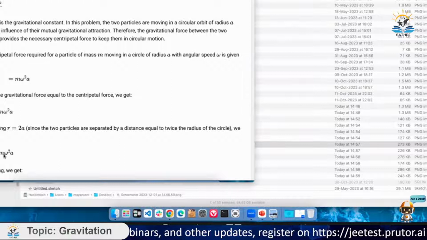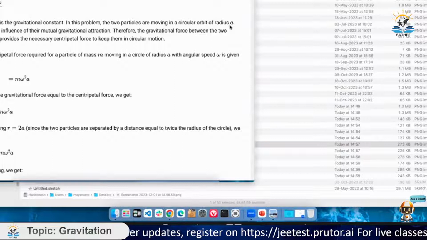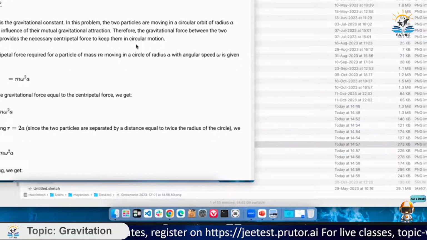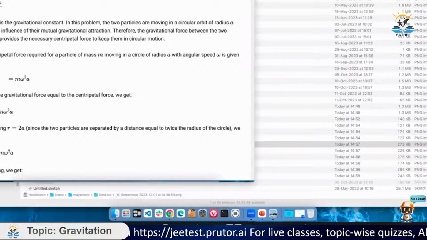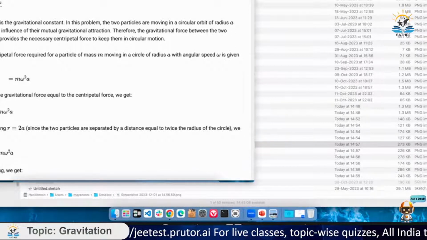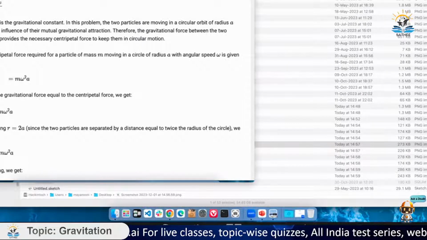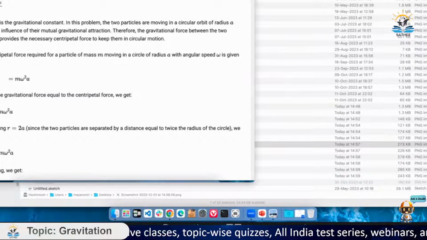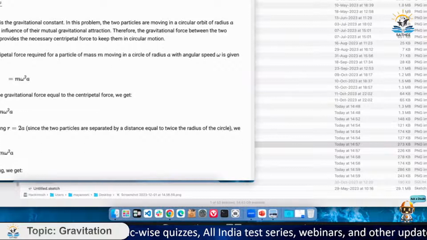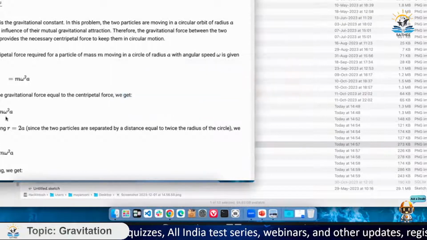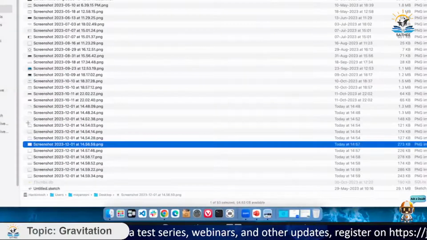Simplifying it, we will get omega as this option, root of Gm by 4a cube. So this would be the answer.